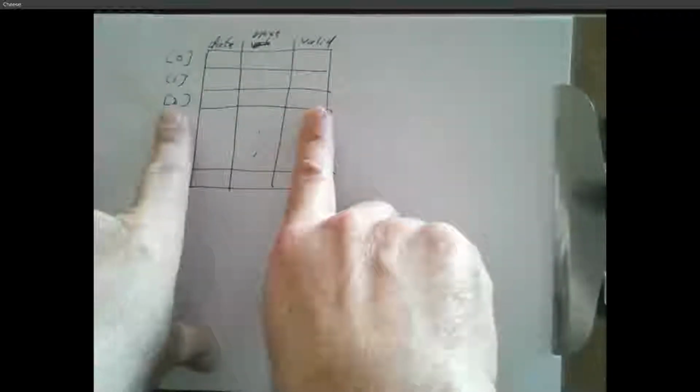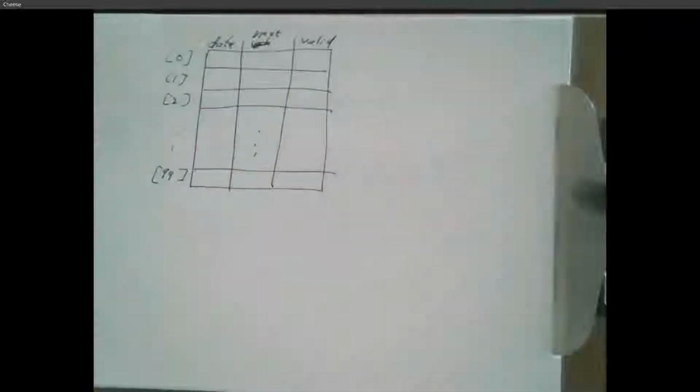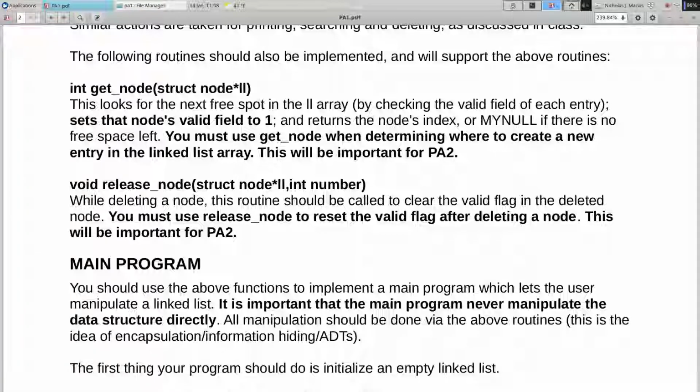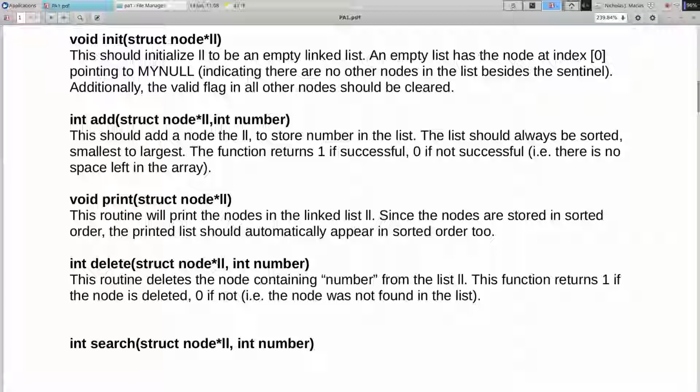To release a node, if you want to release node 1, just set that entry to have a valid flag of 0 that says it's not in use. But those should be the only pieces of code that are dealing with the valid flag. In particular, your add function, your search, your print, your delete should never mention the valid field. Okay, that's really important for where we're going with PA2.